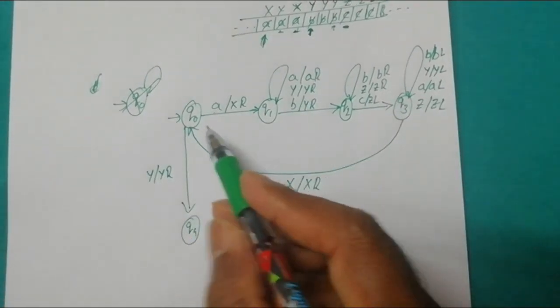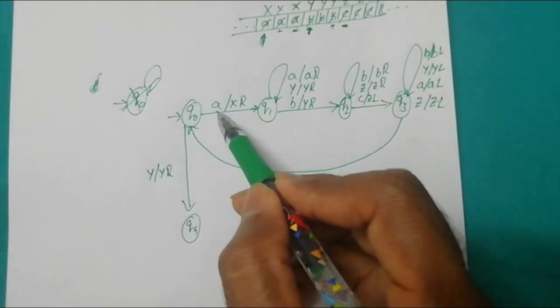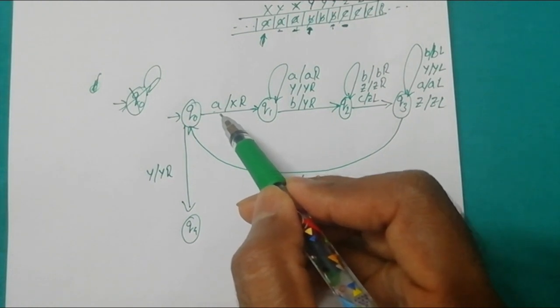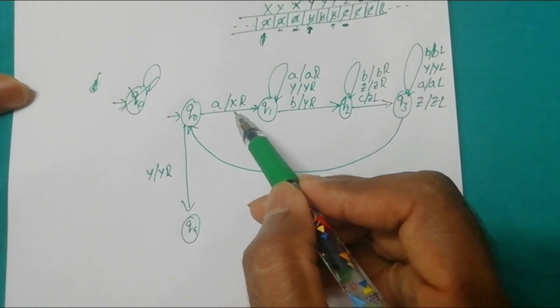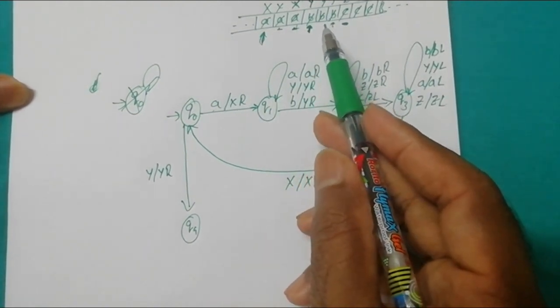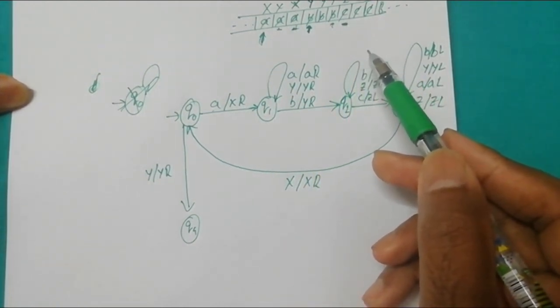That means whenever q0 comes across with input symbol y instead of a, all the a's are converted to x. We have to check whether all the remaining b's are converted to y's and the c's converted to z's or not.